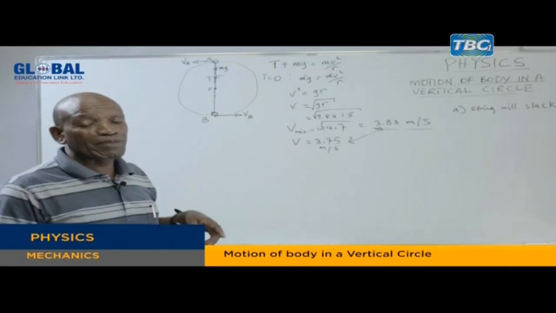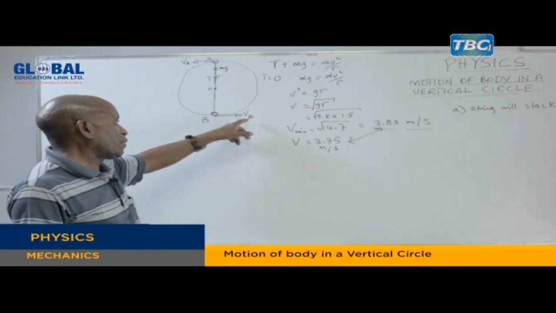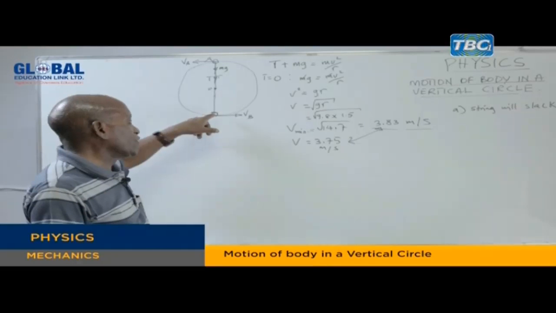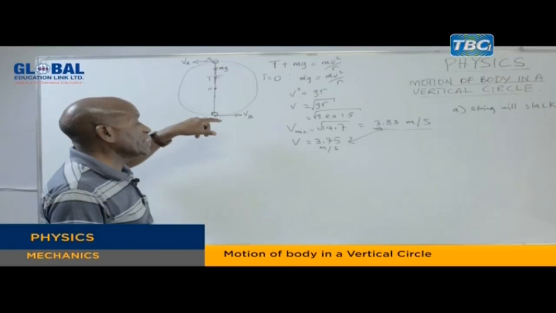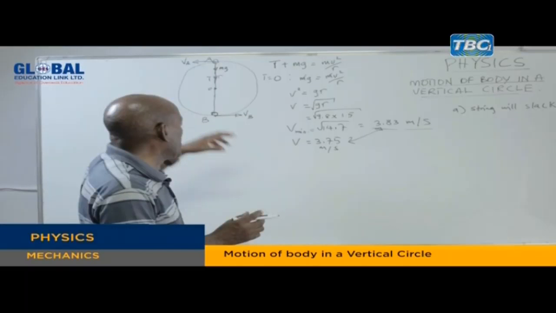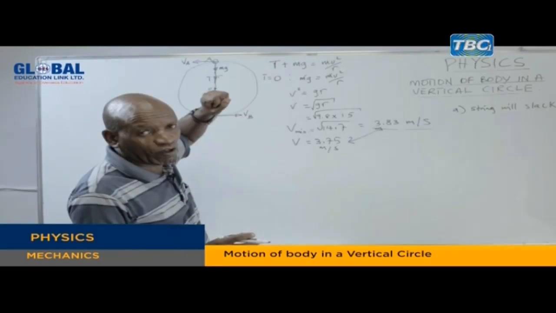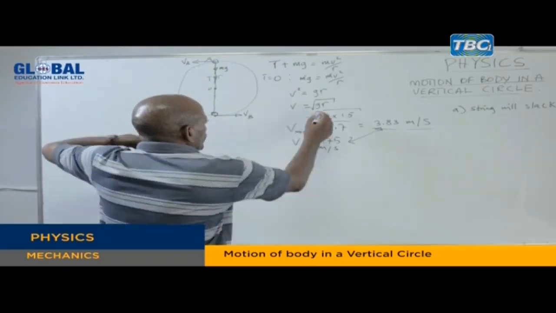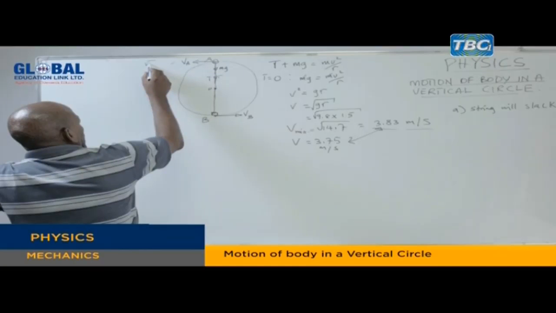To determine this minimum speed at the lowest point, which is vB, it should be the velocity at which the total energy possessed by the body at the bottom, whenever it reaches the top, due to conservation of energy, should give a velocity just equal to v = √(rg). Remember, the velocity at this point is just the square root of r times g.